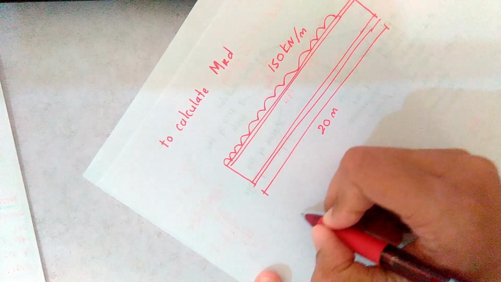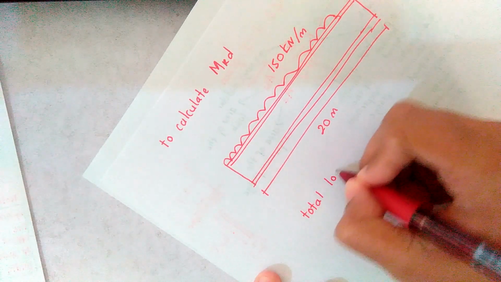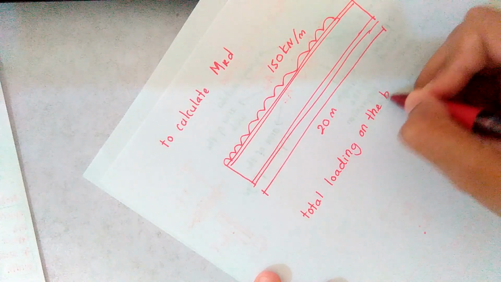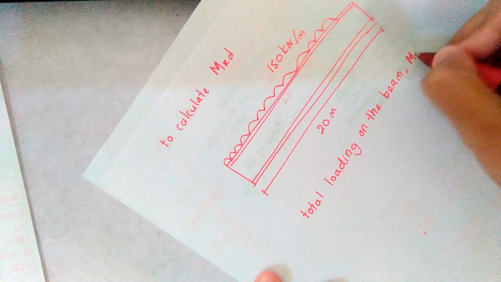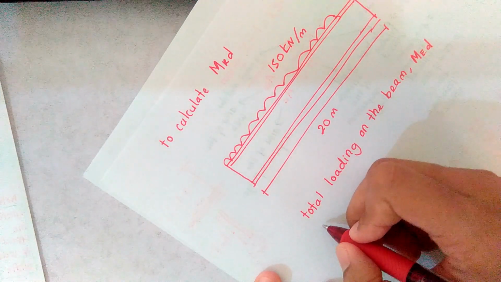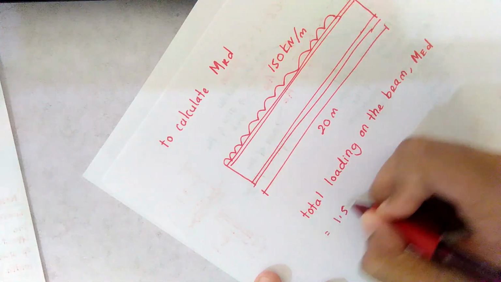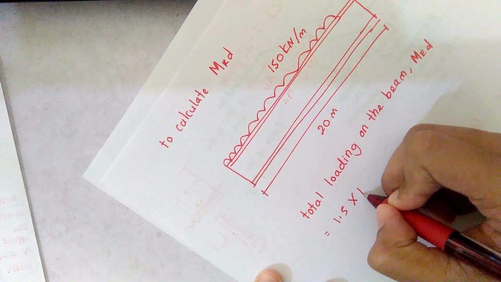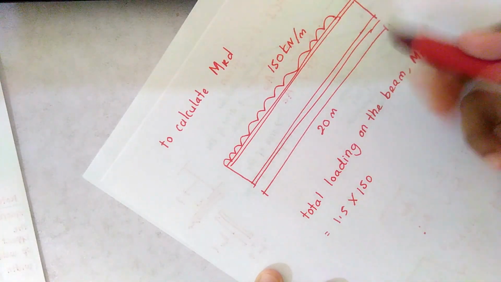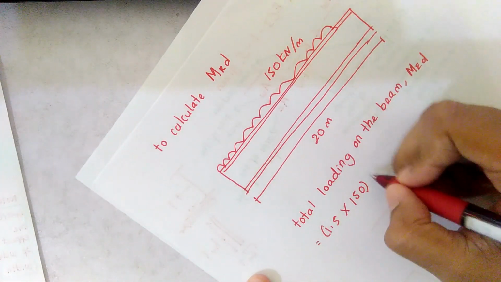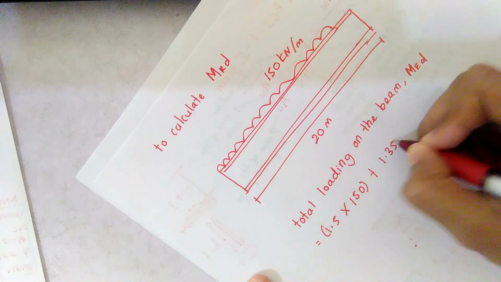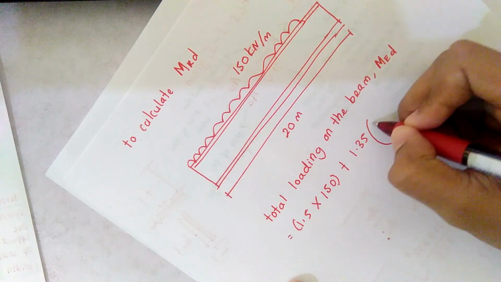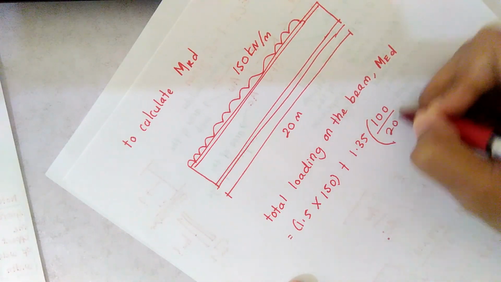So for the total loading on the beam, MED is equivalent to 1.5, which is the factor for the live load, times 150, which is your loading, plus 1.35, which is again the factor for the permanent load, times 100, over 20.